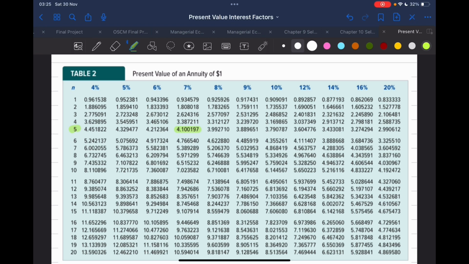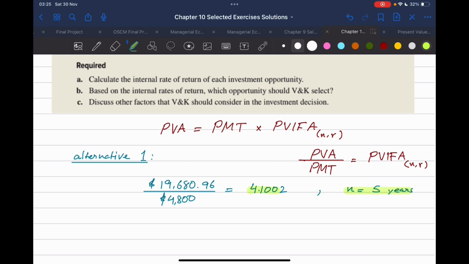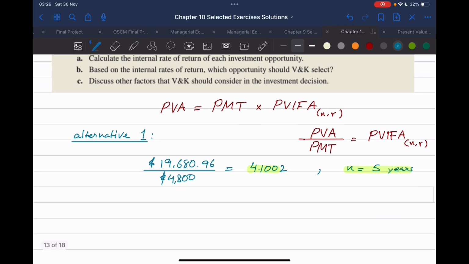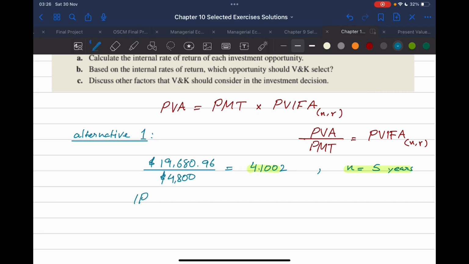Now this corresponds to a rate of return of 7%. So it's safe to assume that the internal rate of return for alternative number 1 is equal to 7%.